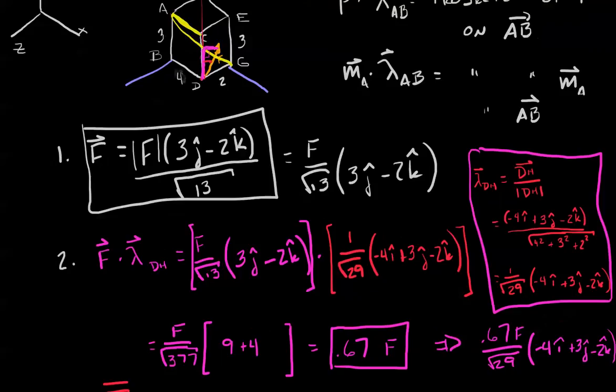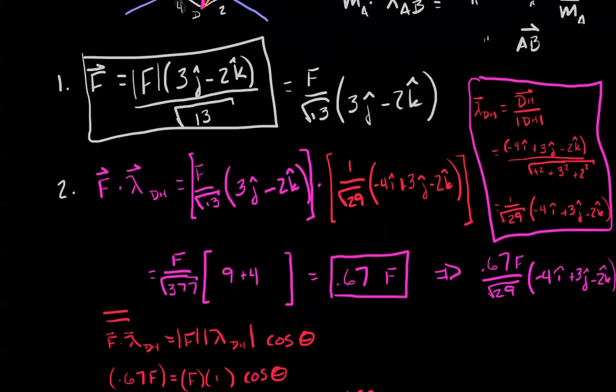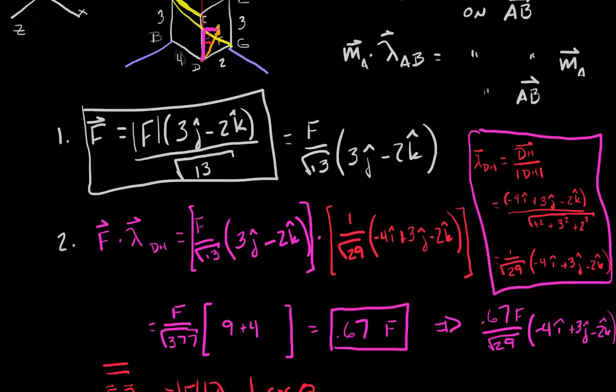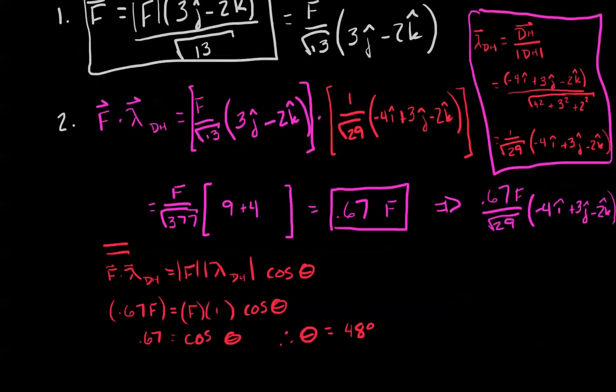Our next problem is, so we've looked at the force and how that can work. Let's take a look at the moment. All right, what is the moment about A? The moment about A. We're going to go down 3 over, it's going to simply be r cross F. R will be down 3 over 4, and F will be its normal vector. So let's see if we can fit that in right here.